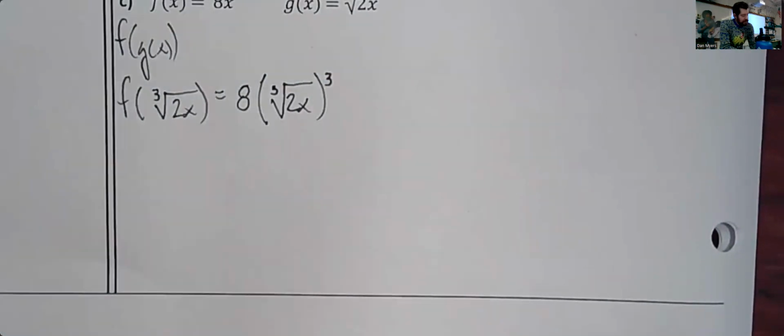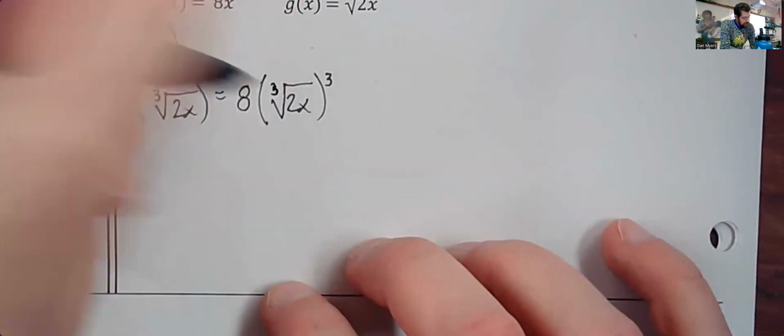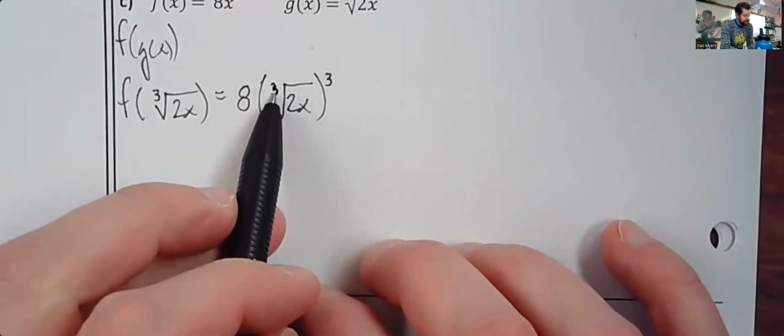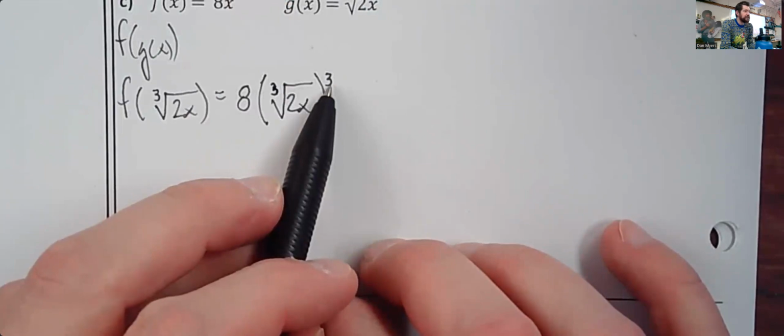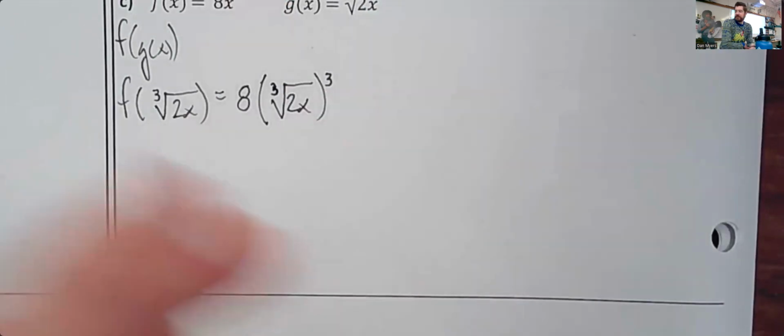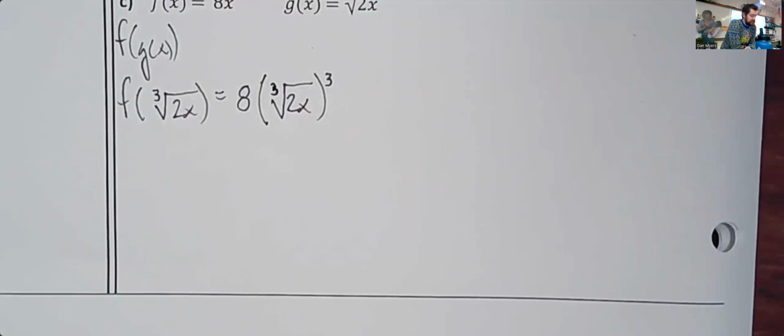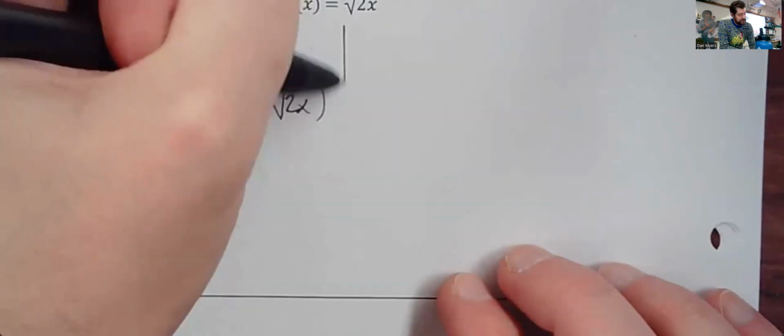Let's see. What's the cube root of 2x, cubed, going to equal? Any thoughts on that?